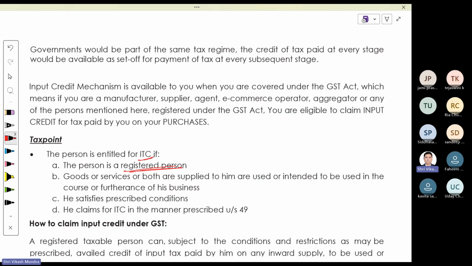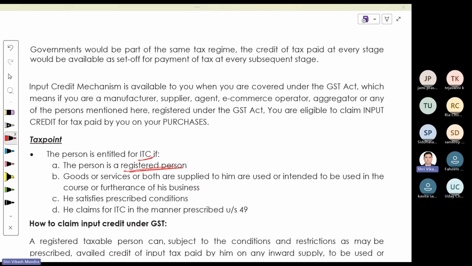Basic condition we are supposed to follow. Number one, you should be a registered person. Number two, the goods or services which you are acquiring and against which you are claiming ITC should be used or intended to be used in the course or furtherance of your business. If you are acquiring any goods or services for your personal purpose, even though you are a registered person, you are not eligible to claim ITC on that purchase. Is it clear?